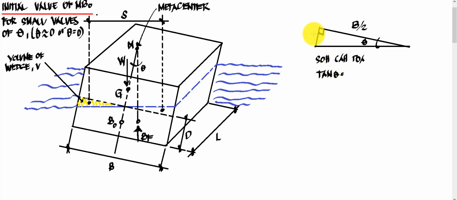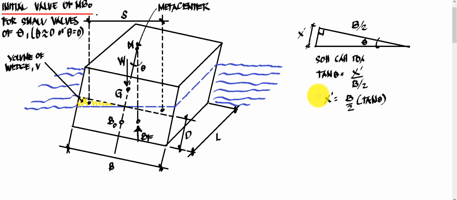Let's give this a value and call it x prime. So we have x prime divided by the adjacent, which is B over 2. Now the value of x prime is equal to B over 2 times the tangent of theta.